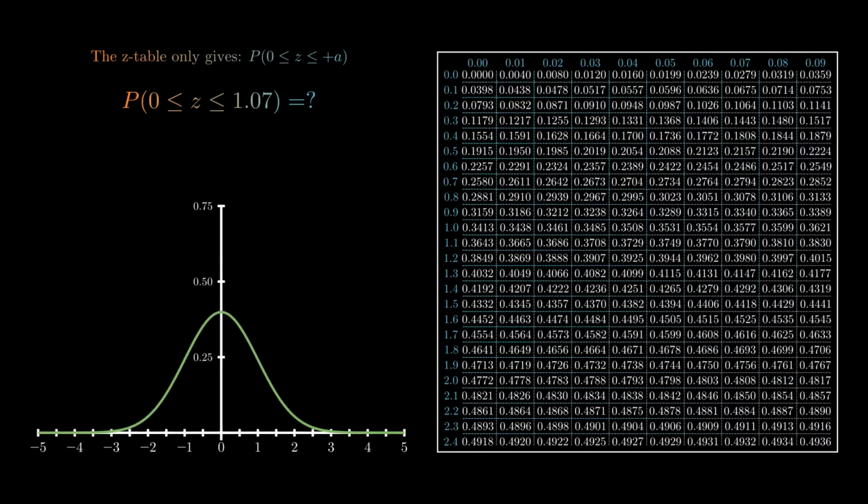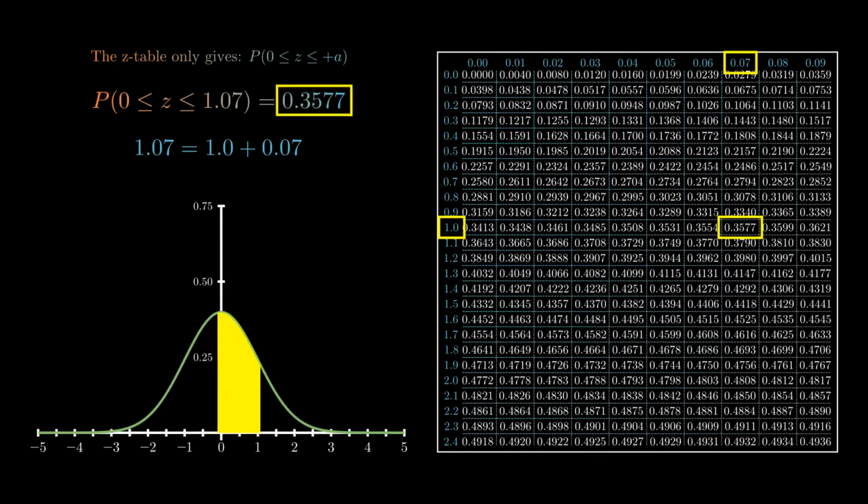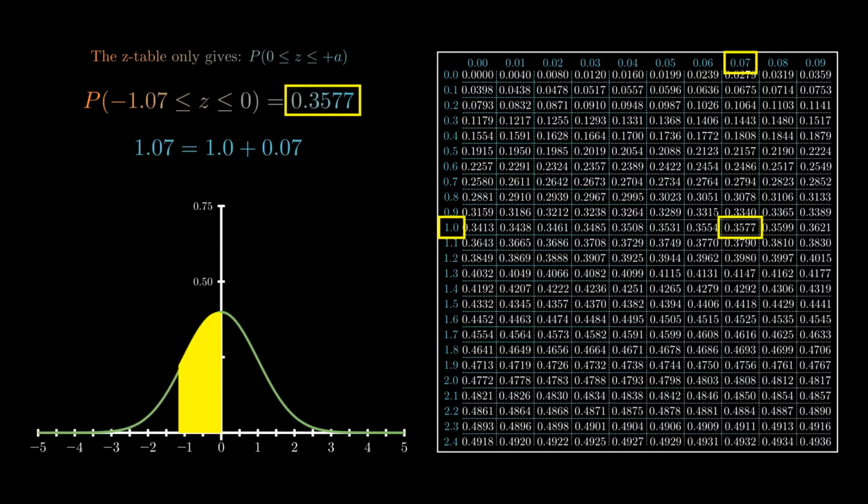This is the same as the format above. So we decompose 1.07 and look for them in the vertical and horizontal axis. We intersect and arrive at 3577 times 10 to the power of negative 4, or 0.3577. Now, is this the same on the left? Well, yes, of course. This is because of symmetry.